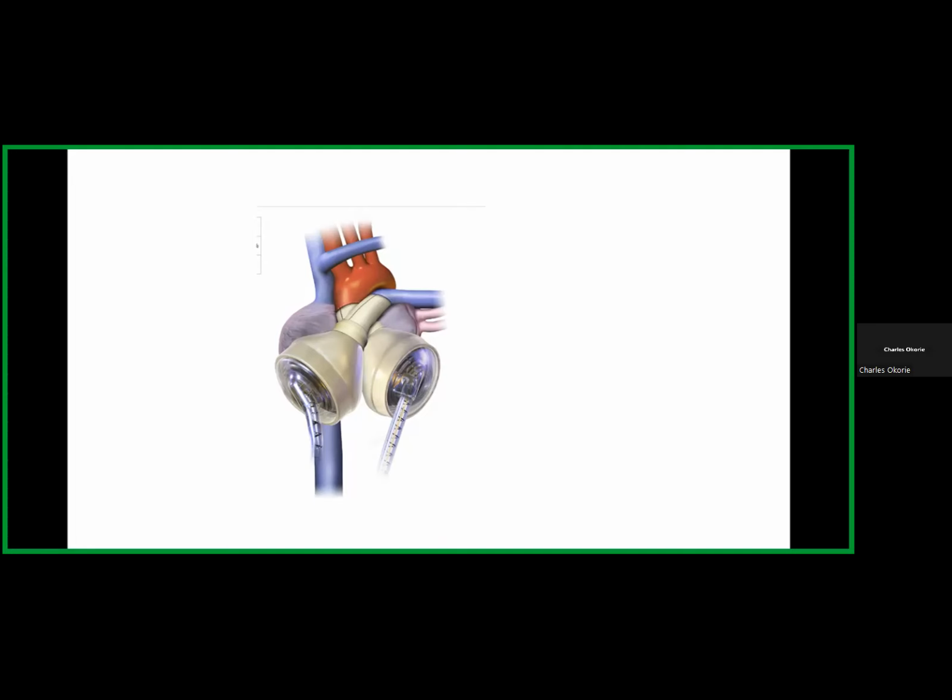The EF must be less than or equal to 35% despite more than 3 months on optimal medical therapy. Then they must have an expected survival of more than 1 year. That simply tells us that you don't want to give an ICD to a patient who will die in less than 1 year from any other cause, maybe renal failure, cancer, whatever. So it depends on the other things in the question.